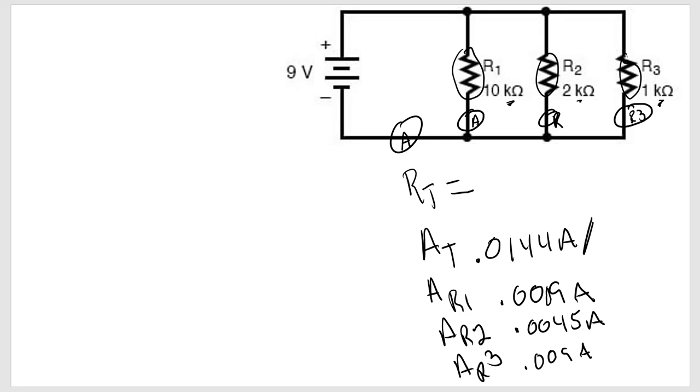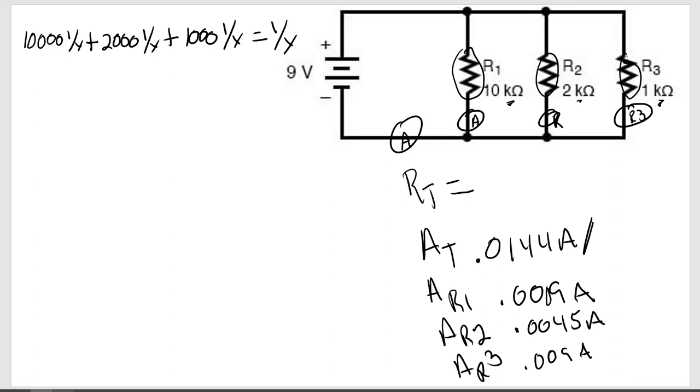So let's find our total resistance. To find our total resistance, what we're going to do is get 10,000 and 1 over x it, plus 2,000, 1 over x that, plus 1,000, 1 over x that, and then we're going to hit equals and hit 1 over x again for our answer. Again, don't forget that last 1 over x.